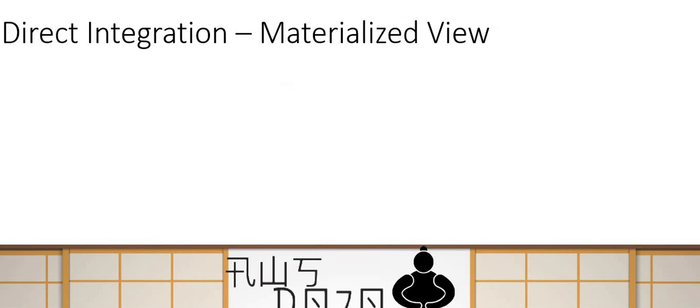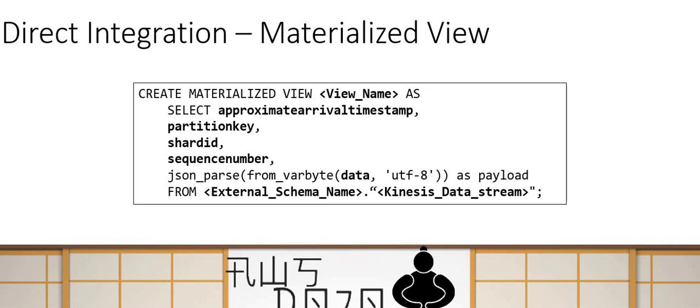Then you create the materialized view, and this is, in my opinion, the most important step which completes the whole process. A materialized view is the landing place in Redshift where your Kinesis data stream data lands. So here is how the syntax looks like. You can see here, you create a materialized view, your view name as, and then before I go to the fields over here, look at this: from external schema name.